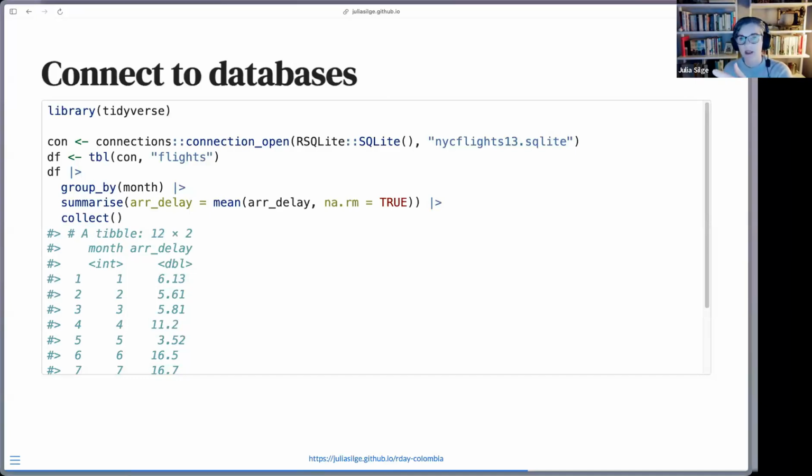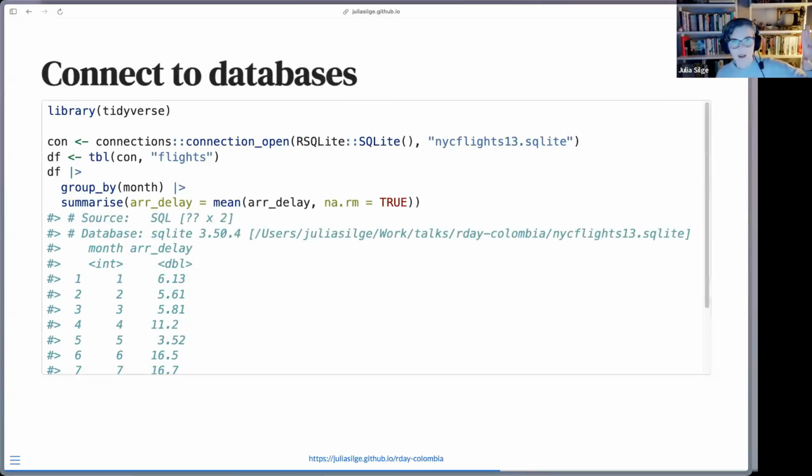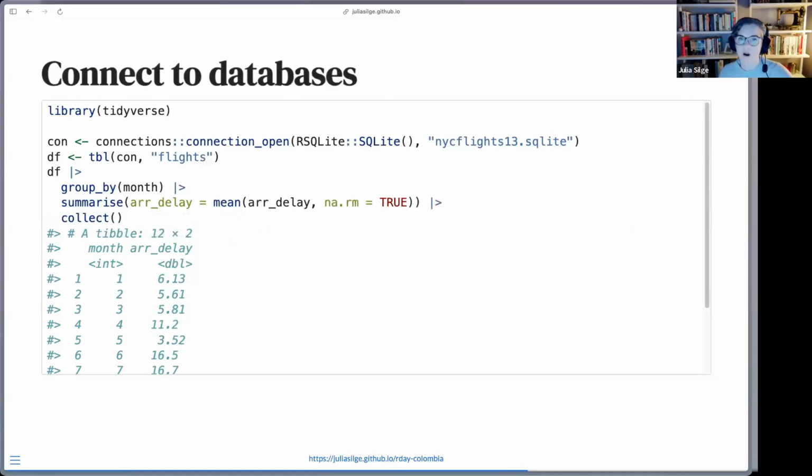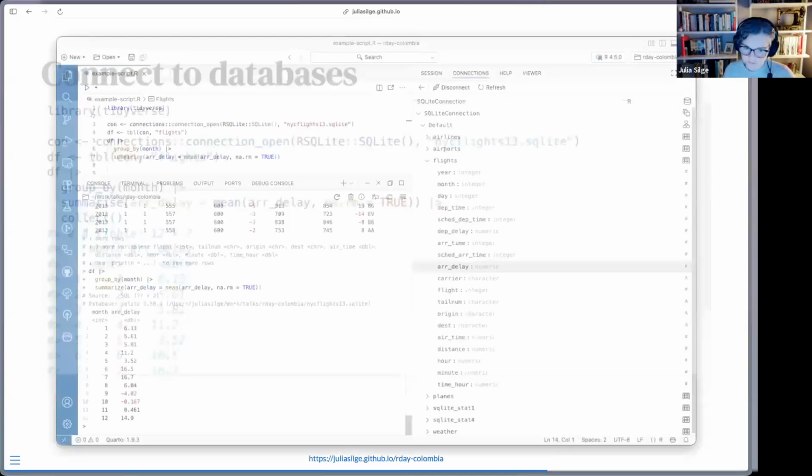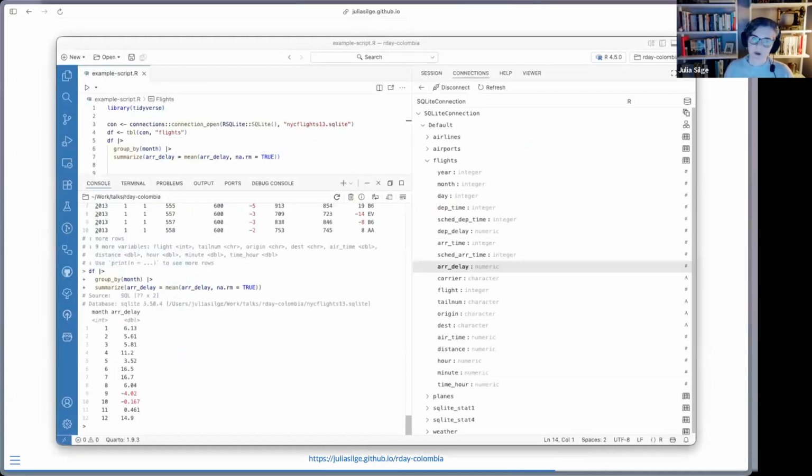Collect is the thing that materializes the query, executes the query, and then brings the result into R. So this is not in memory yet. This is now an R object that is stored in memory. So it's got a fair amount of similarity to the kind of lazy evaluation that we talked about in the last section. If you were to use this in Positron, if you were to work in this way, it might look something like this.